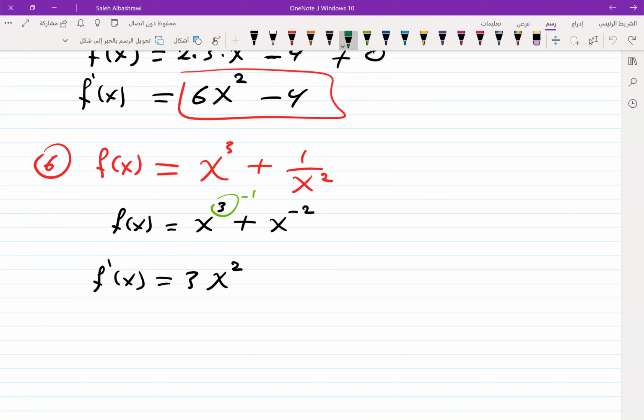Second one, minus 2: just deduct 1 from the power. The power itself will be written down as minus 2, multiplied by x to power minus 3. So it is 3x squared minus 2x to power minus 3.